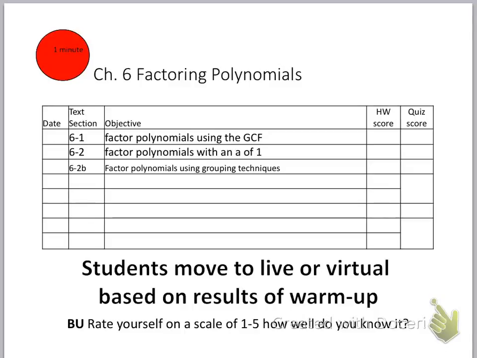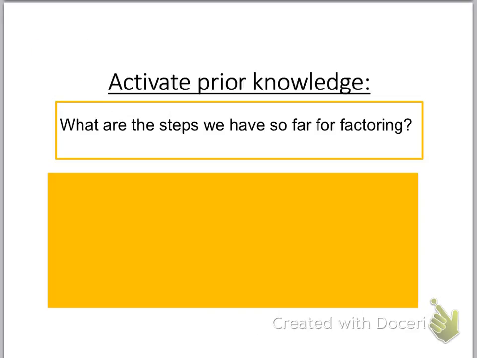Alright, continuing on our factoring journey, we're going to look at some grouping techniques to help us with our factoring today. So what are the steps we've learned so far? Remember, the first step is to always do the GCF first.